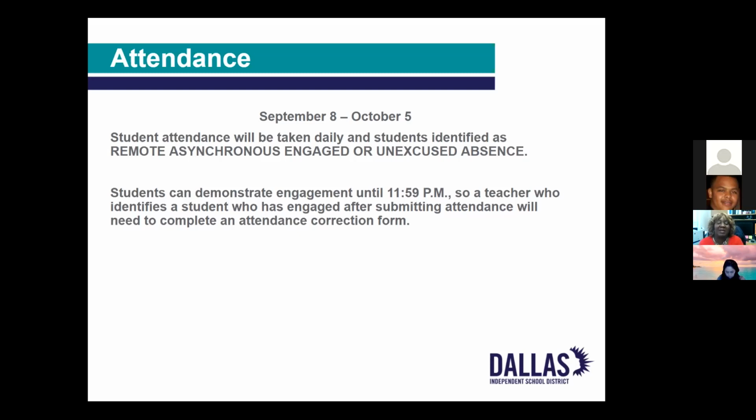Demonstrating engagement is them actually doing the assignment. So they have until 12 o'clock that night, that same day, to do their work. So you will have to do an attendance correction form for that student because they did participate that day, okay? Once again, attendance correction form, you will get that from Ms. Solis, who's our registrar.